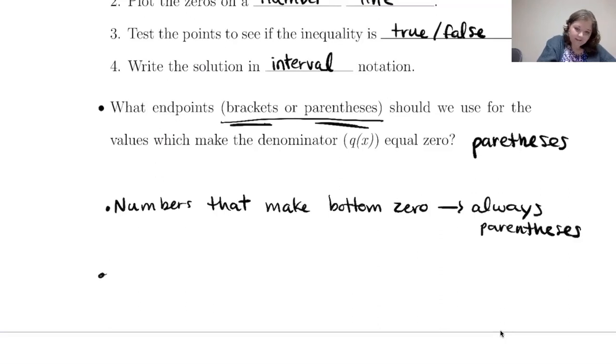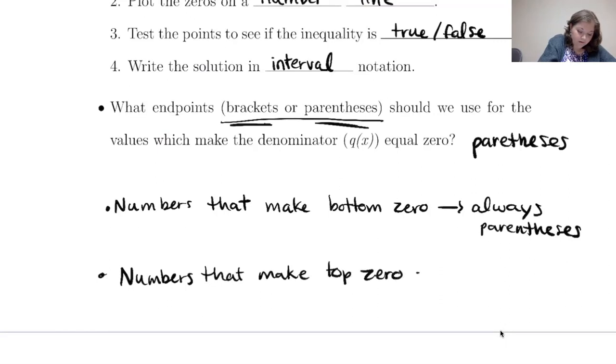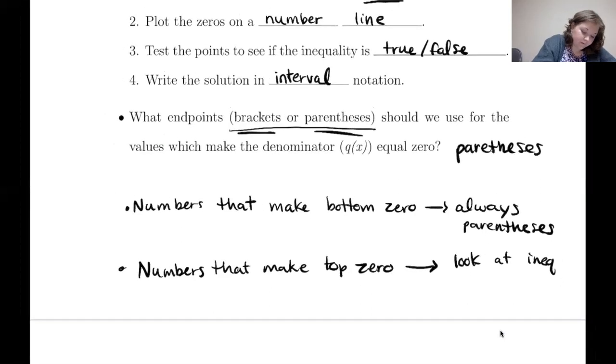The numbers that make the top of the fraction 0, you have to look at the inequality sign. Hold on, let me write that below.